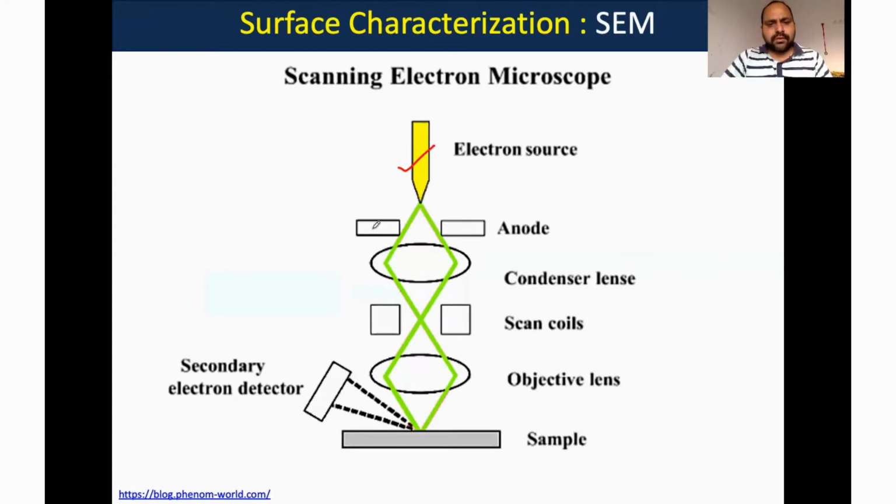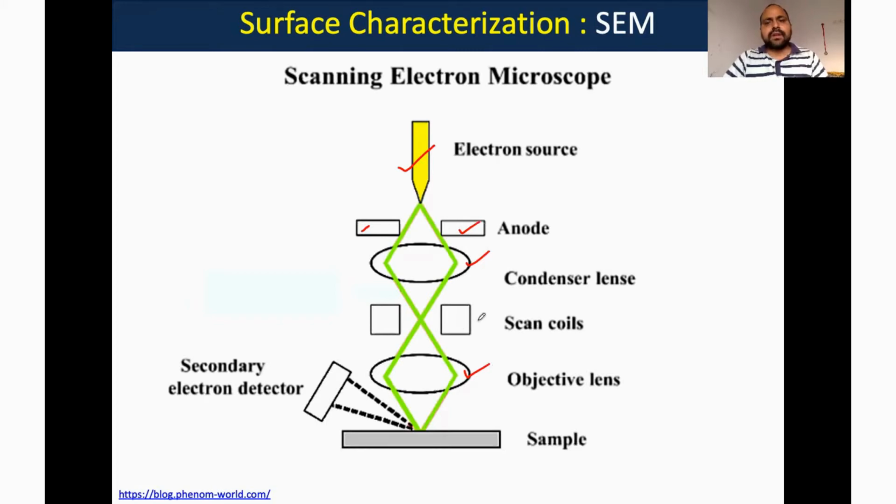Then we have one anode. Why anode? The anode is required to give a potential. Your cathode will be at zero potential. So based on the anode, we can understand what is the potential across the electrodes. Then your condenser lens and objective lens, in a similar manner as in the optical microscope, to control or focus the beam.